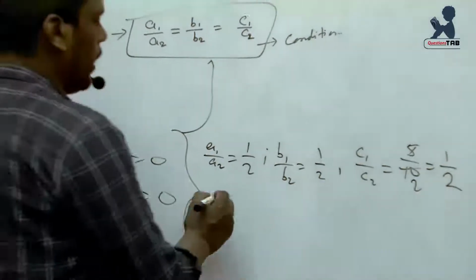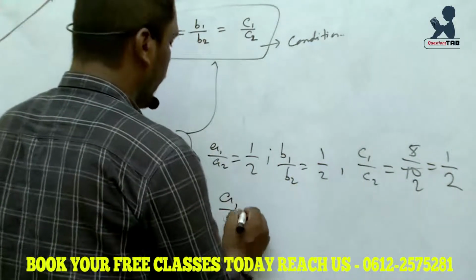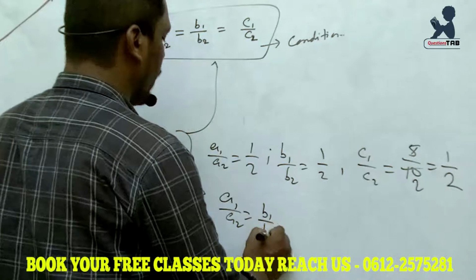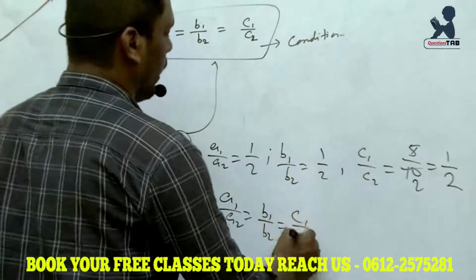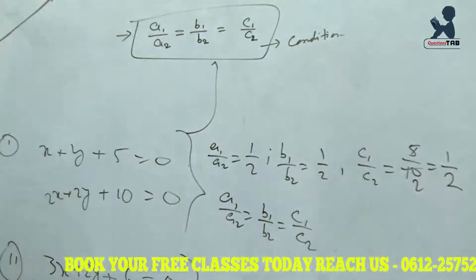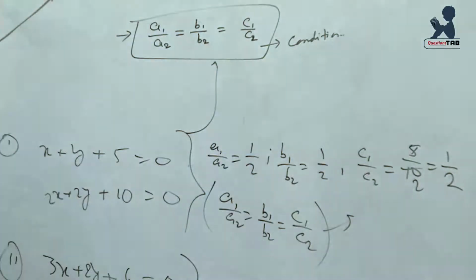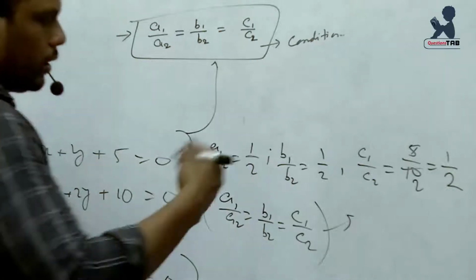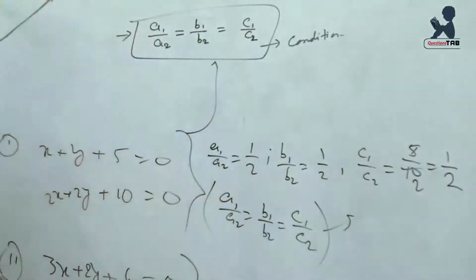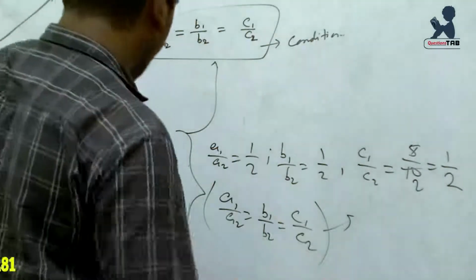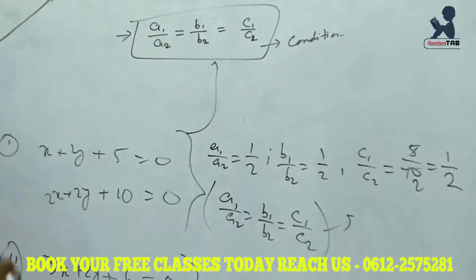So we can say that a1 by a2 is equal to b1 by b2 is equal to c1 by c2. And for this we get infinite number of solutions, which we are going to see in the graphical representation of this equation.